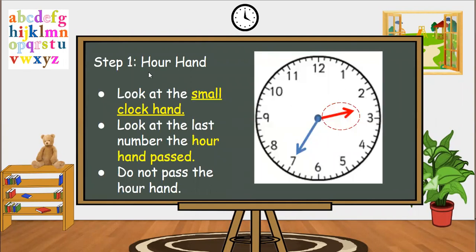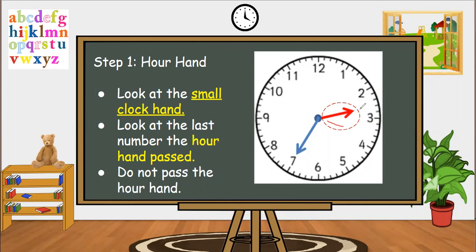Okay, step one. Look at the small clock hand. This is the hour hand. Look at the last number the hour hand has passed. Look at this one.